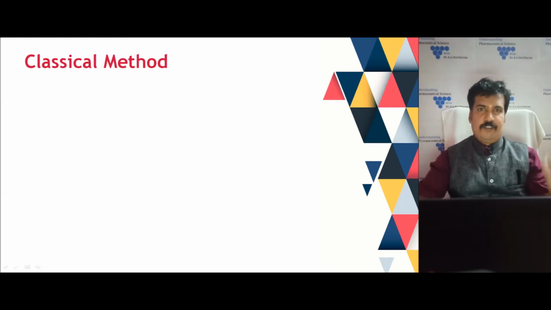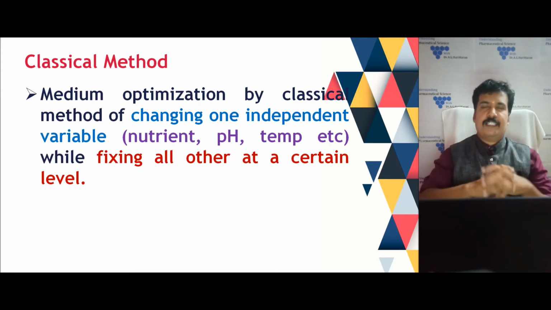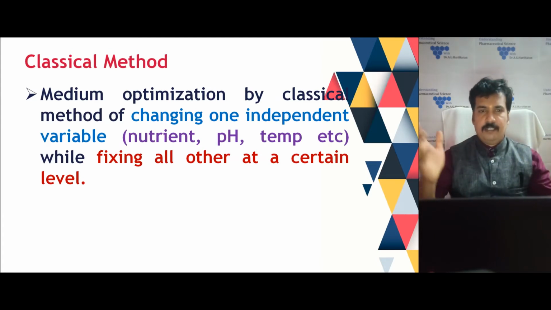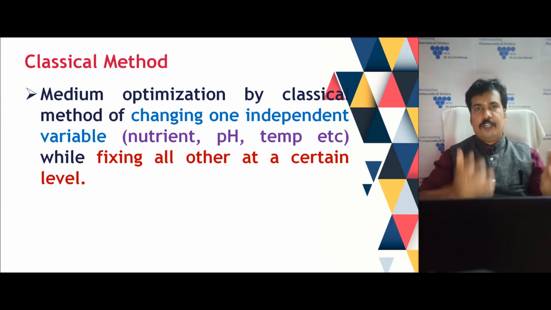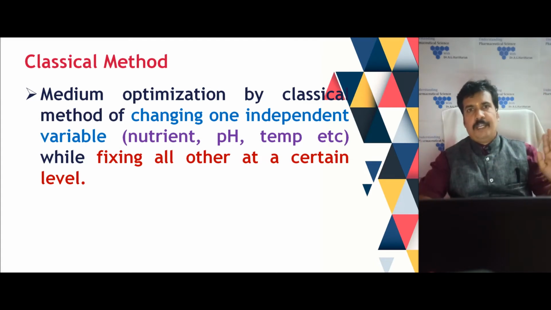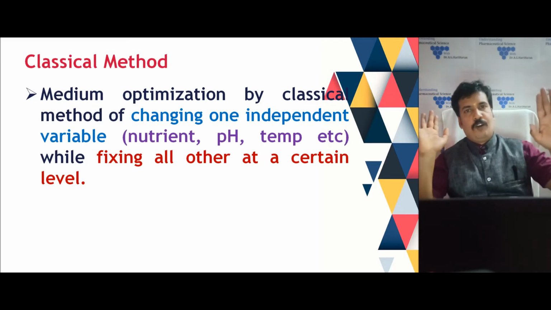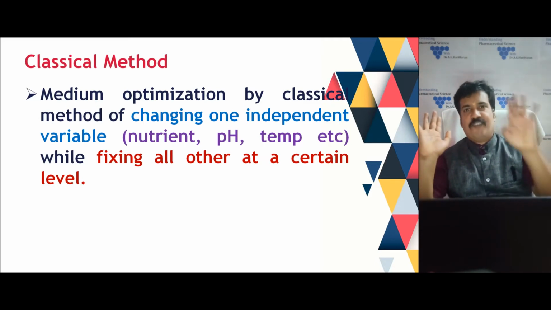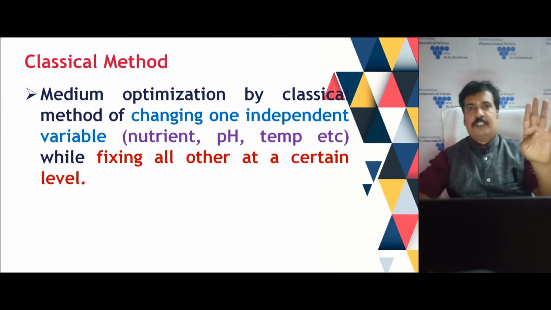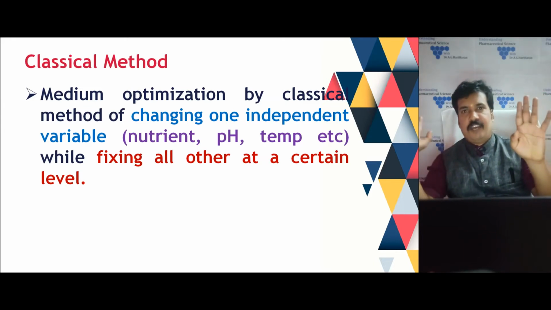First we will start with the classical method, which is a simple optimization technique. Here we change one variable at a time while fixing the other variables at a particular level. Once one variable is optimized, it is fixed, and then we start changing another variable while fixing the others.